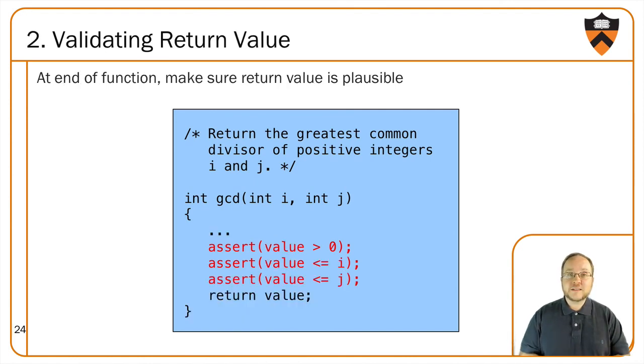The next step then is if we say that we don't let bad input in the door, we also don't let bad output out the door. You know what your function was supposed to do. Did it do it? Maybe we don't know exactly what the correct answer should have been, but we can figure out some postconditions. In this example, the GCD clearly must be less than or equal to each and greater than 0. Again, why assert? Why not return an error state?